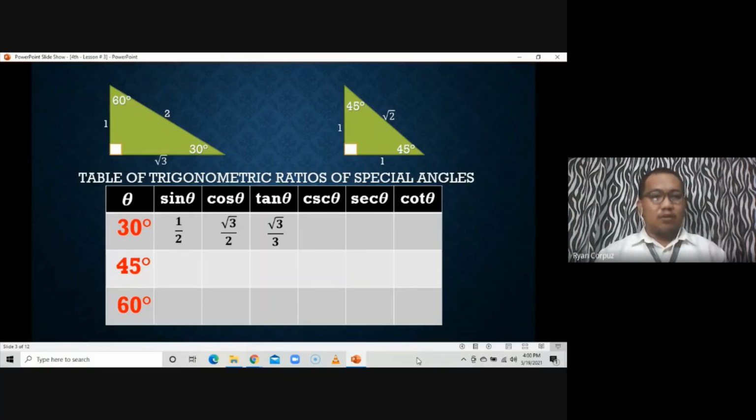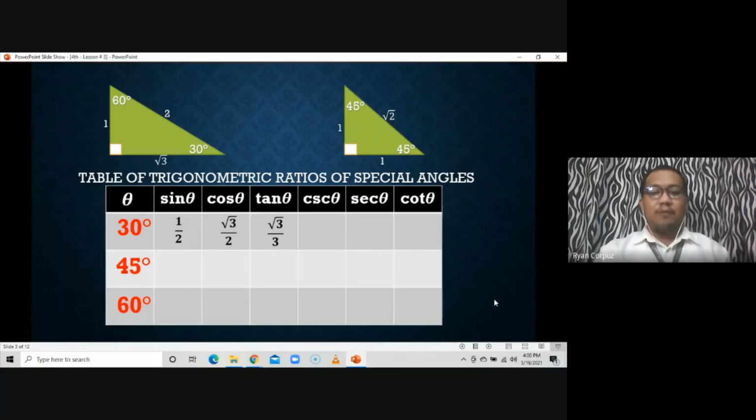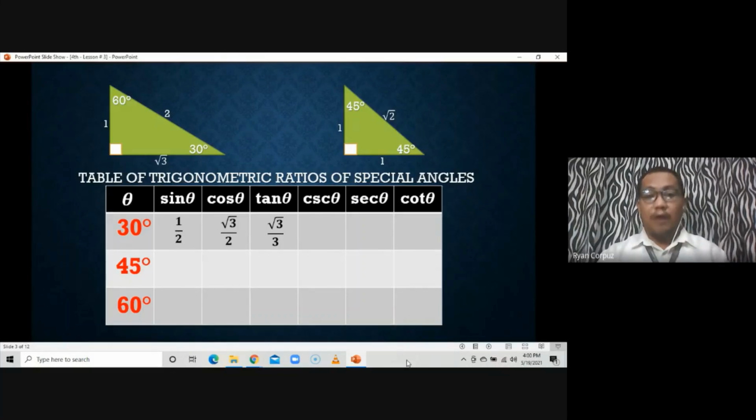The co-opposite of sine is cosecant. Sine is opposite over hypotenuse, so cosecant is hypotenuse over opposite. Just interchange the position of the numerator and denominator. So 2 over 1, when simplified, is equal to 2. So cosecant 30 degrees is equal to 2.